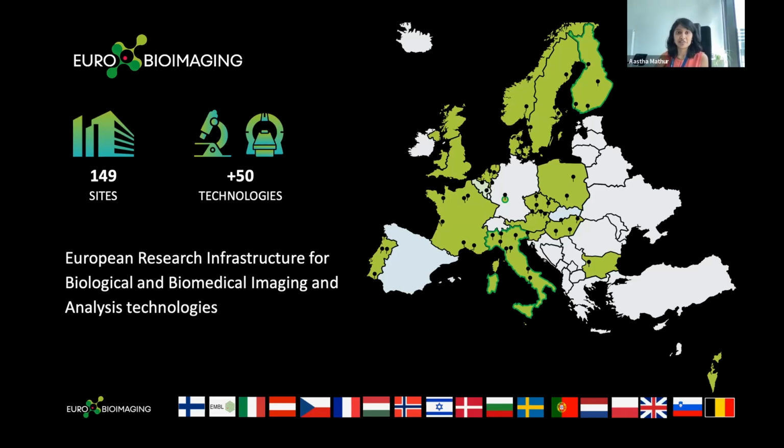With all this power of the distributed structure of Euro-BioImaging, we're able to offer more than 50 technologies to our users. Now, this big bunch of people also requires some coordination activities, and our coordination activities are taken care of by what's called a hub. Our hub is also distributed in nature, with our seat in Turku in Finland, the biology hub at EMBL in Heidelberg in Germany, and our med hub, which is in Torino in Italy.